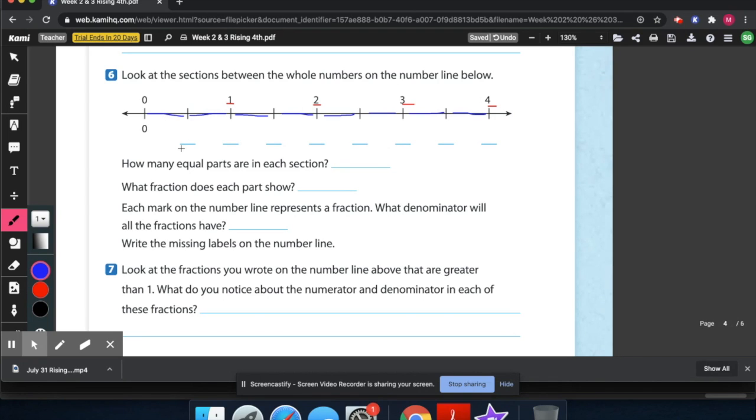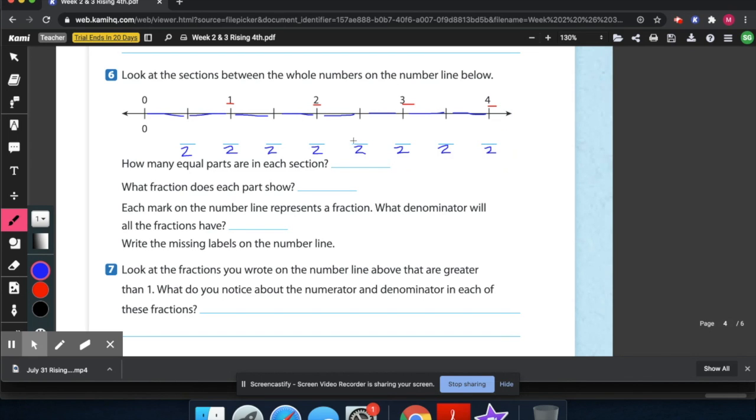So that means our denominator is going to be 2. And we're going to put 2 under every single one of these little dashes because we've already figured out our denominators. Now that we have our denominators, we need to figure out our numerators.